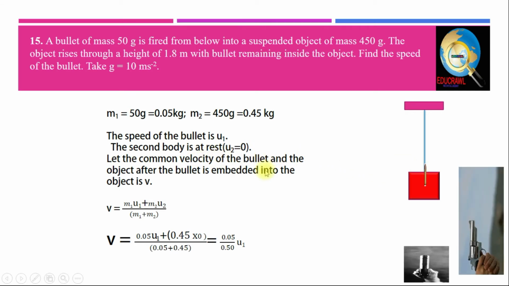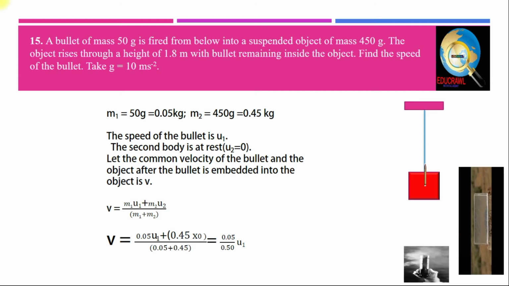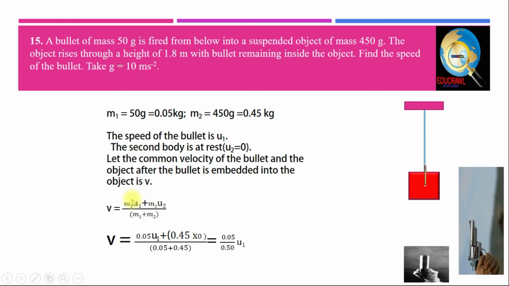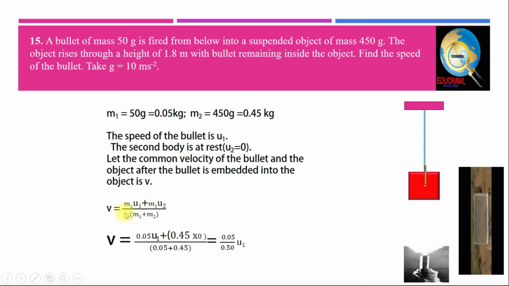So the common velocity after you fire the gun, both are moving with the same velocity, that we assume as V. In the inelastic collision definition, which we had discussed in the theory, we derived this equation for the common velocity. So V is equal to (m1 u1 plus m2 u2) divided by (m1 plus m2).